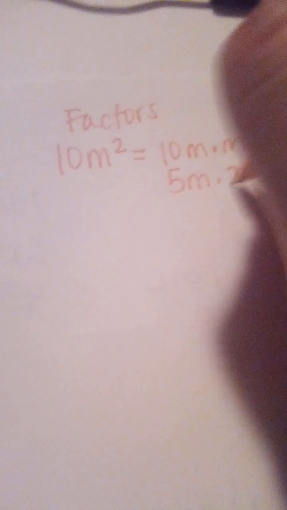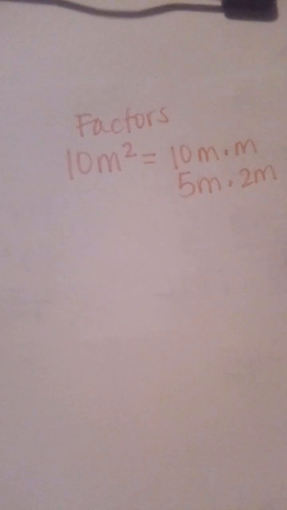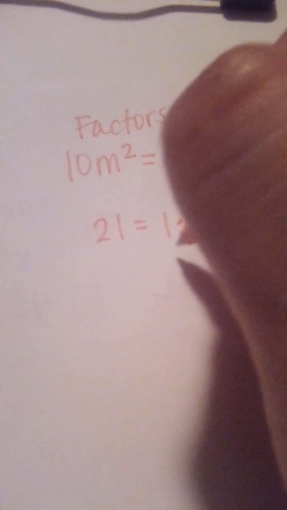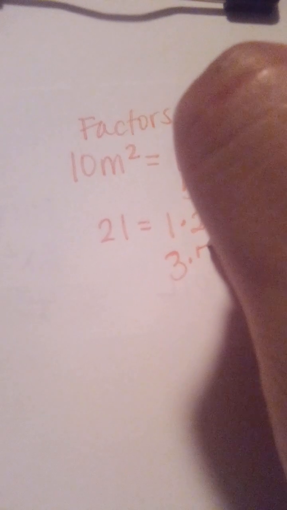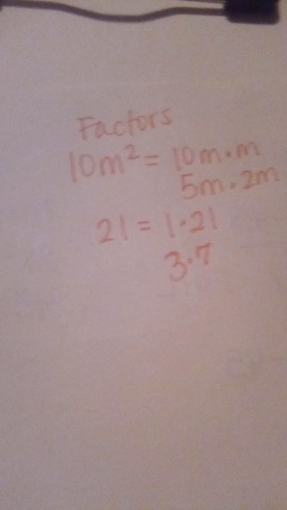We have 10m times m, and then we have 5m times 2m. So those are our two factors of 10m squared. And we have the same thing with the factors of 21: 1 times 21 and 3 times 7.